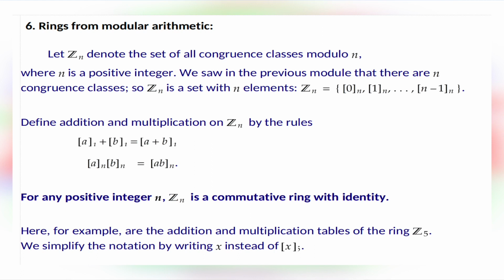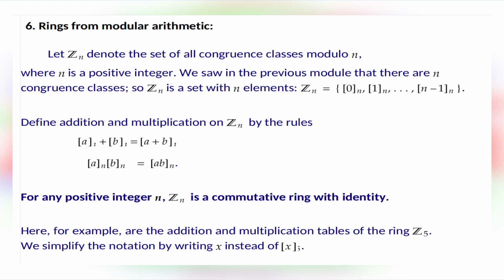Zn is equal to the equivalence class of 0, equivalence class of 1, up to the equivalence class of n minus 1. Next, we will define addition and multiplication on Zn by the rules: the equivalence class of a plus the equivalence class of b is equal to the equivalence class of a plus b. The equivalence class of a times the equivalence class of b is equal to the equivalence class of ab.